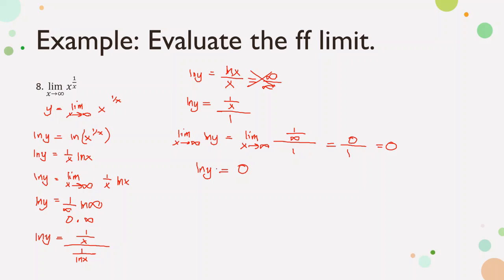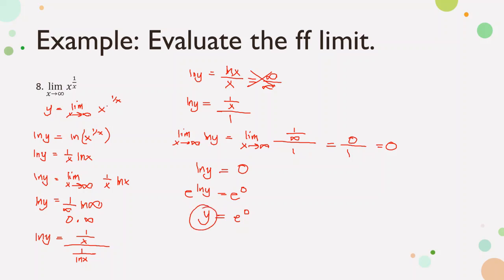After that, we have to remove the ln on the left side, so we raise both sides by e. From the properties of exponential and ln, e raised to ln of y is equivalent to y. So y is equivalent to e raised to 0.